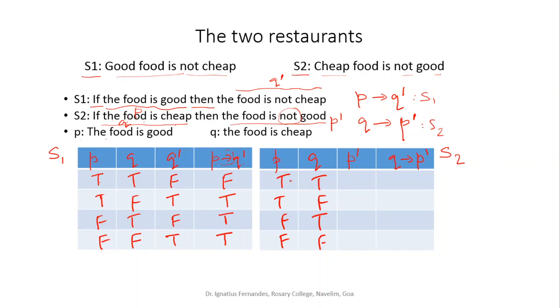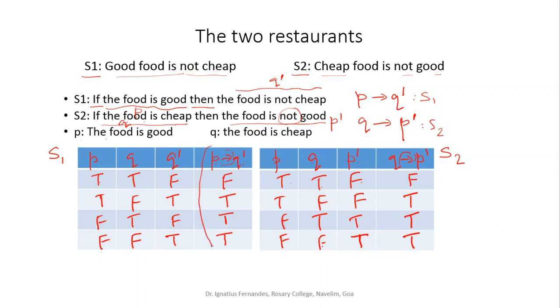P bar is the negation of P. So if this is T, I have F. This is T, so I have F. I have F, so it is T. F, so I have T. Now I'm writing Q implies P bar, using the conditional for Q and P bar. For T and F, it is F. For F and F, it is T. For T and T, it is T. For F and T, it is T.